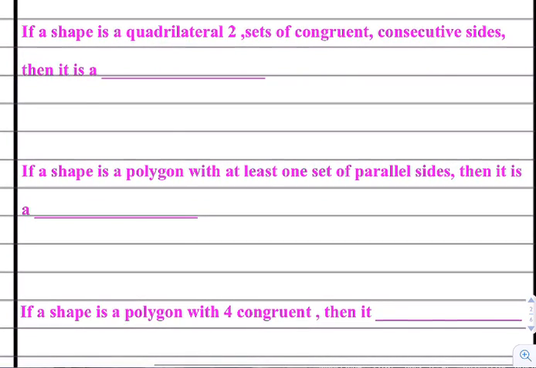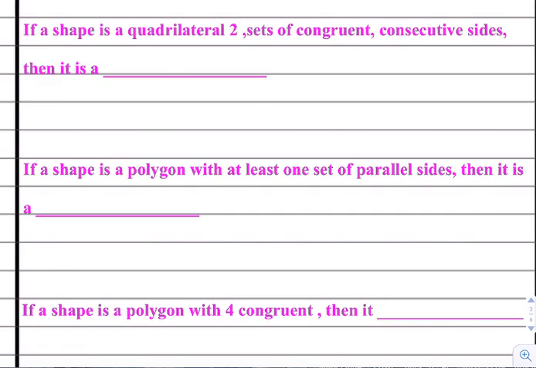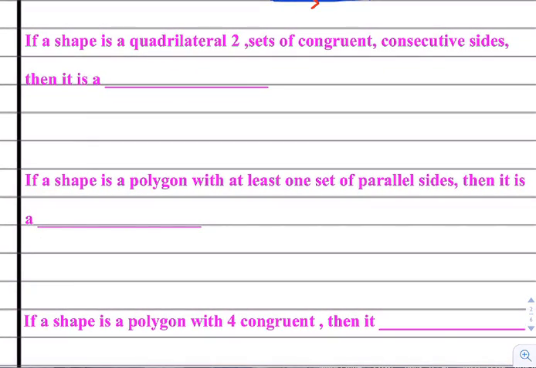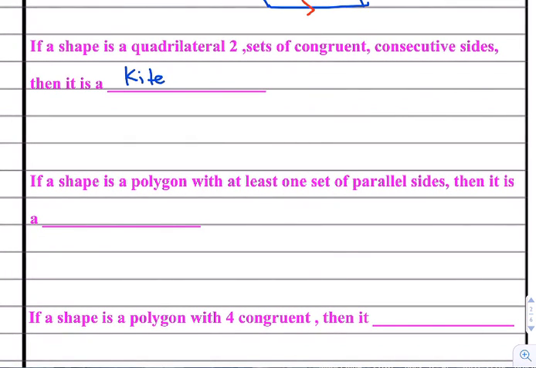If a shape has two sets of congruent consecutive sides, then it is a kite. Okay, let's talk about how this would look. So two sets, I know the comma's weird there, it threw me off too, I must have mistyped that. So two sets of congruent, remember congruent like this, consecutive, which means in a row, sides.